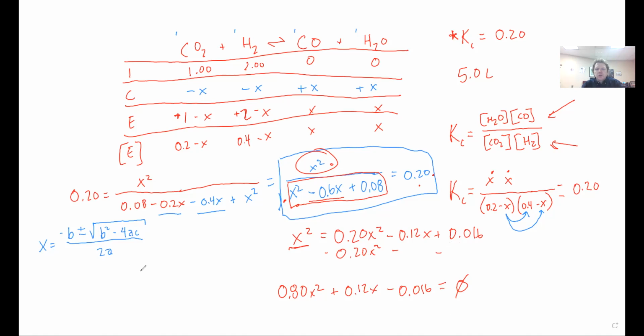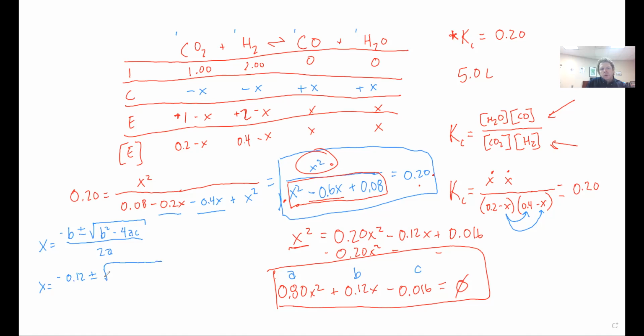Now that I have this equation right here, what I can do is look back at my quadratic equation. This is A, this is B, this is C. Okay, so I'll set up my equation and I'll say x is equal to negative b, which that would be negative 0.12 plus or minus the square root of b squared.